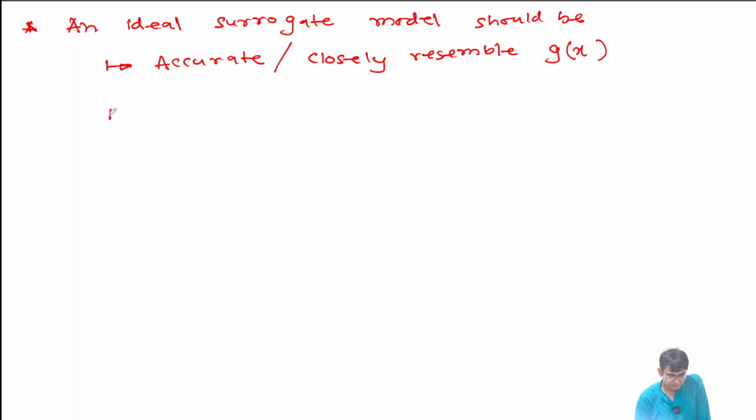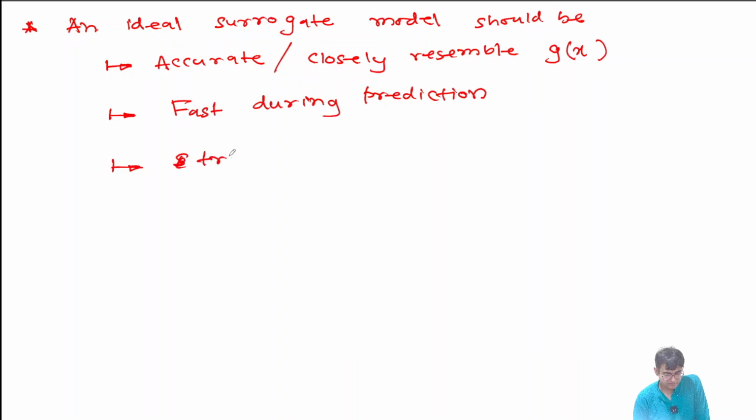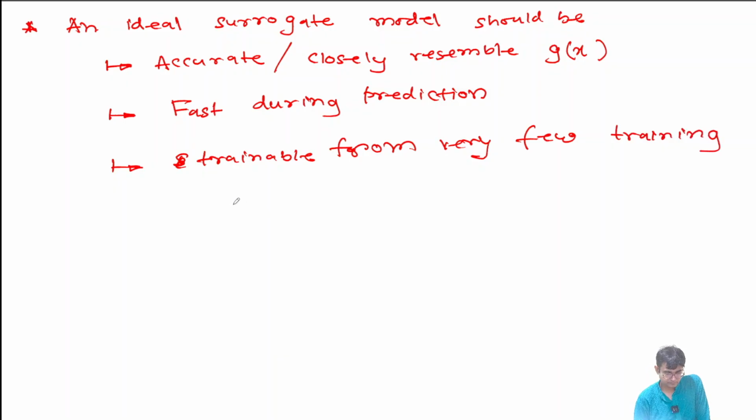It should be fast, actually extremely fast during prediction, right? And thirdly, as I have already written, trainable from very few training samples. Right?